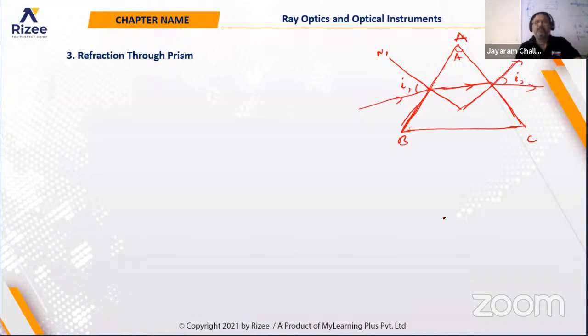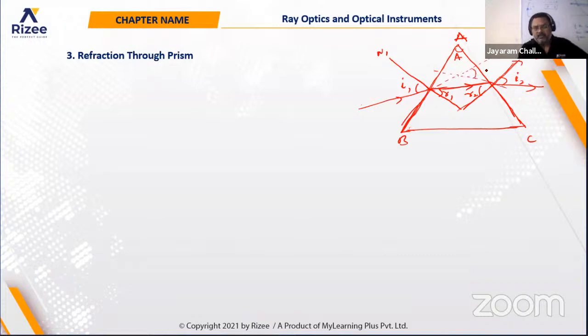This is N2. So while entering, the light ray is coming from a rarer to the denser medium. So this will be your refracting angle R1, and this is your refracting angle R2. While leaving the prism, it is moving from a denser medium to the rarer medium. So this is the actual path the light ray would have traveled, but this is the path it has emerged out.